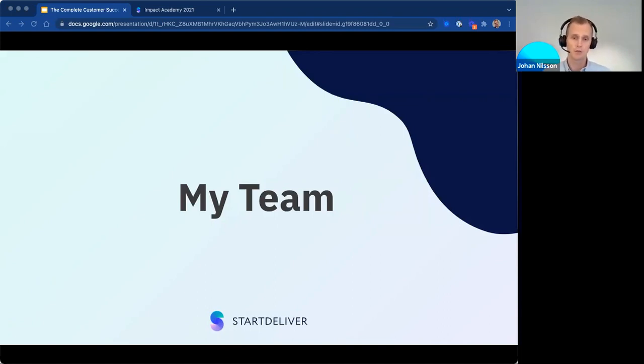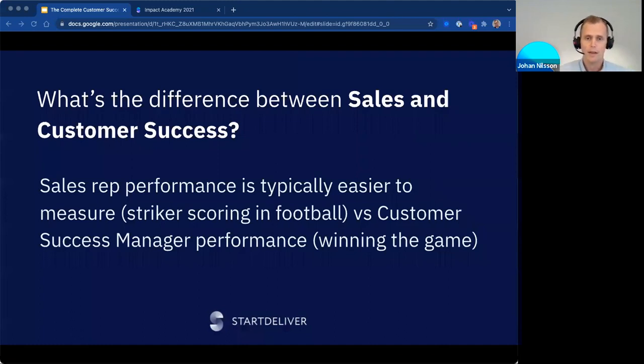If you have a team of customer success managers, or maybe you have a big organization with several teams in customer success, how can we measure what we do in an efficient way? And we see a lot of people coming in from sales or with sales experience who take over a customer success team.